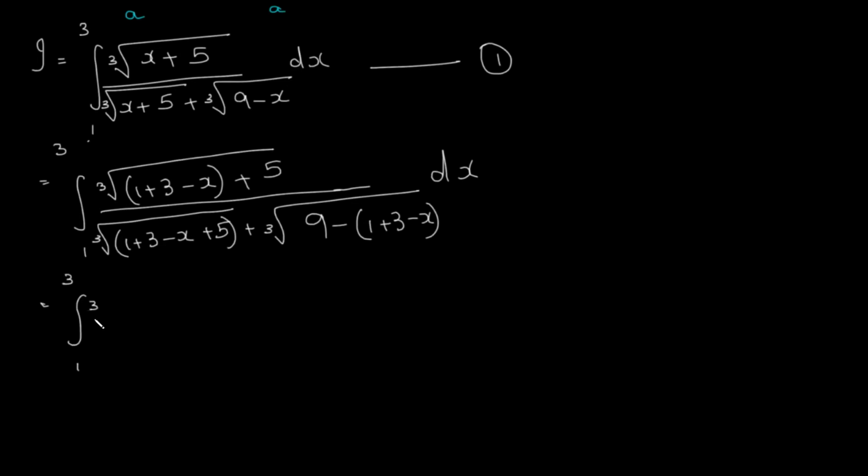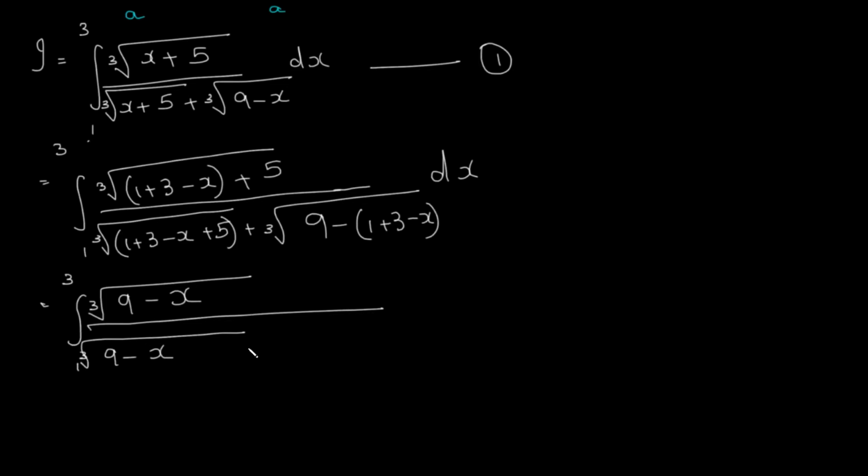This becomes a cube root of, now 1 plus 3 means 4 and 4 plus 5 gives us 9. So 9 minus x. The first term, the numerator becomes that. In the denominator, the first term is again the same thing, that is the cube root of 1 plus 3, 4 plus 5, that is 9 minus x.